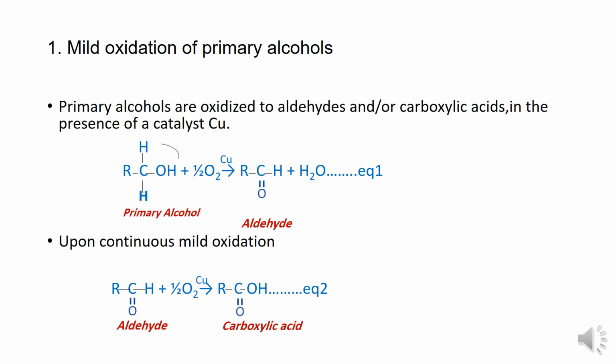Now let's see here the primary alcohol which undergoes oxidation. It means it is oxidized by removing the H here and the H from the OH, in the presence of half O2, or 1 oxygen, and in the presence of copper, to become an aldehyde where the same carbon is bonded now to oxygen, and we still have the hydrogen.